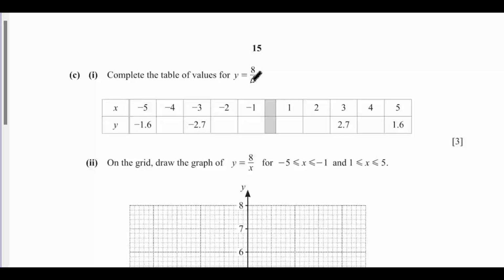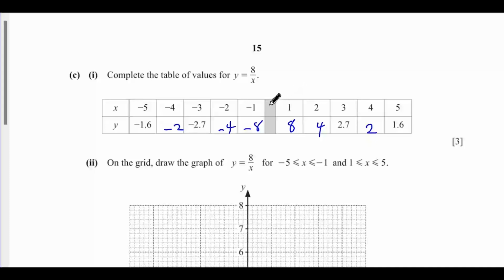So you don't need to work it out. So we have -2, we have -4, we have -8, we have 8, then we have 4, and finally we have 2 here.